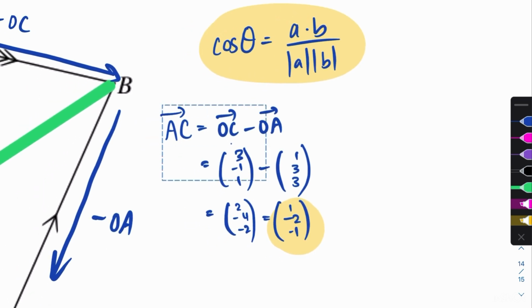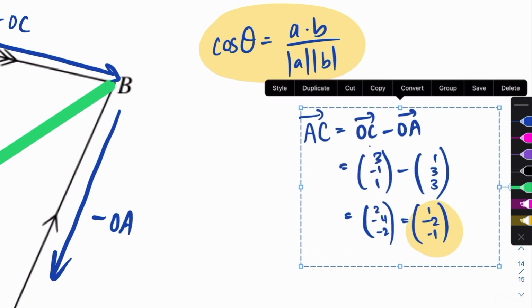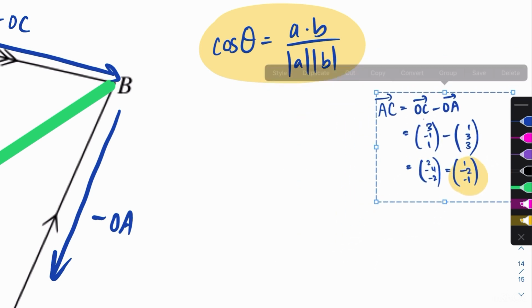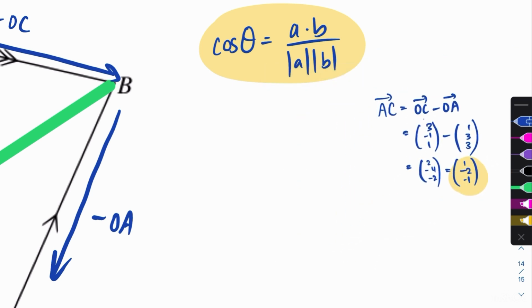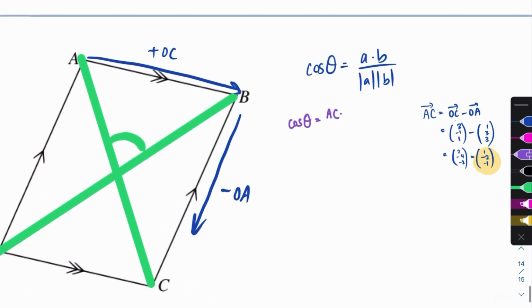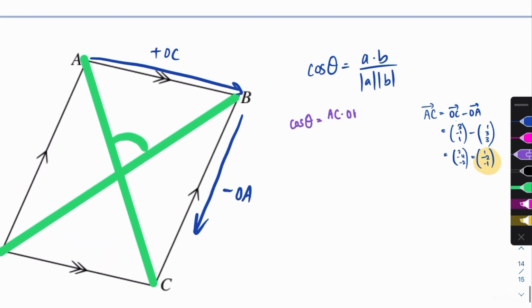So let's move this out of the way. Okay. So cos, let me just use a different color. Cos theta equals AC dot OB over magnitude of AC and magnitude of OB.